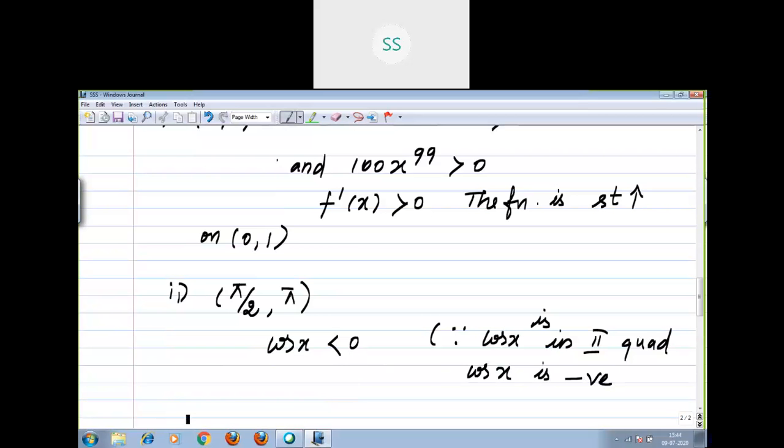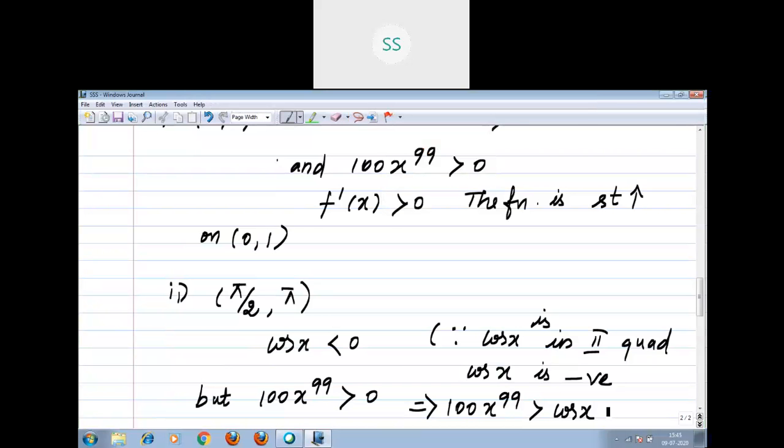Now you come to 100 into x power 99. That is always greater than 0, right? Now you compare cos x less than 0 and 100 into x power 99 greater than 0, which implies 100 into x power 99 is greater than cos x, right? What is your conclusion here? Greater than cos x means definitely it is greater than 0.